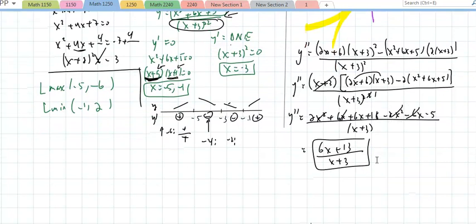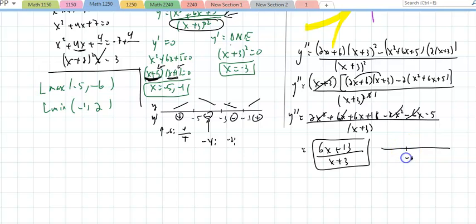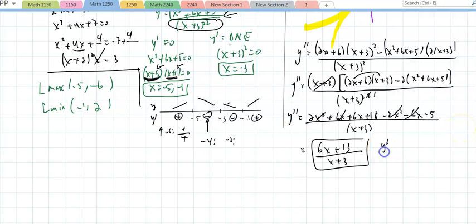Now, if I do my testing for this, I just have to worry about negative 3 and negative 13 over 6. Where does the derivative equal 0? It equals 0 when x equals negative 13 over 6, which is negative 2 and some, and y double prime does not exist when the denominator equals 0.